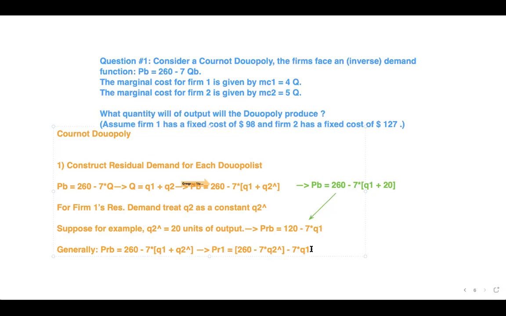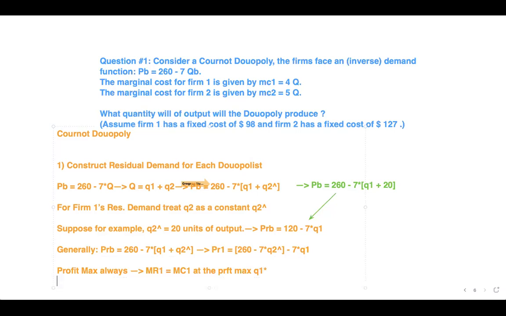And then our next step, remember that profit max always implies that marginal revenue is equal to marginal cost at the profit max Q1 star.